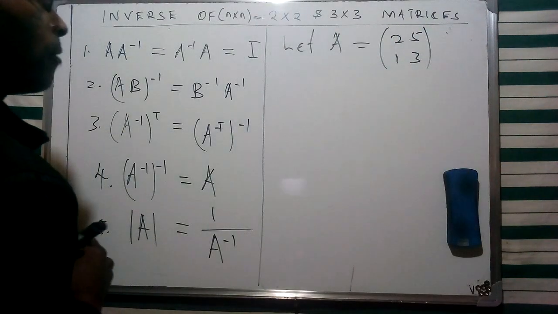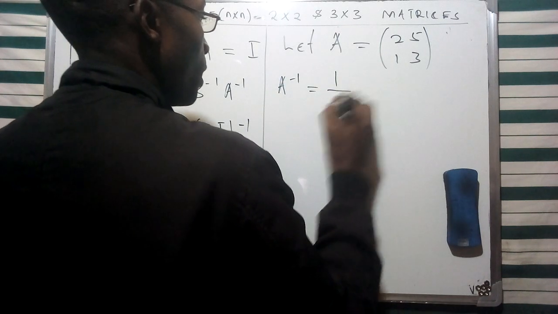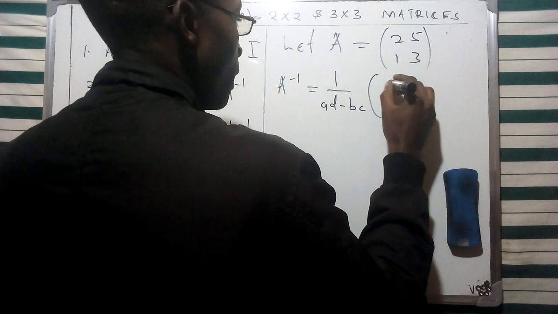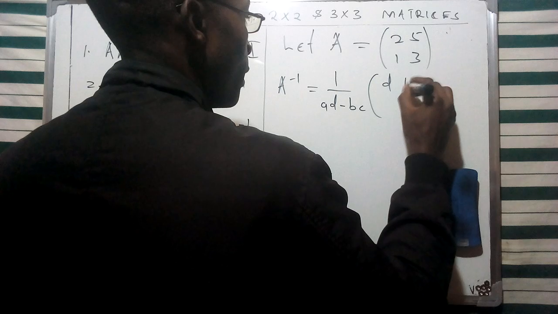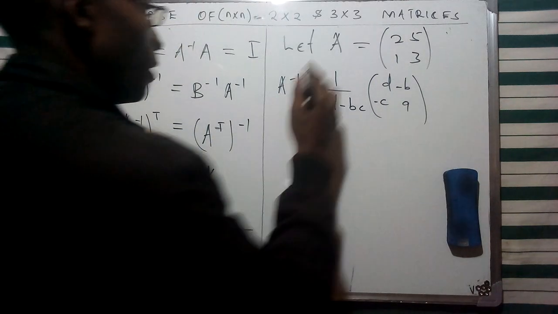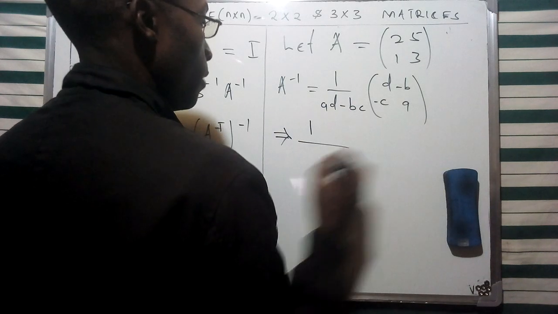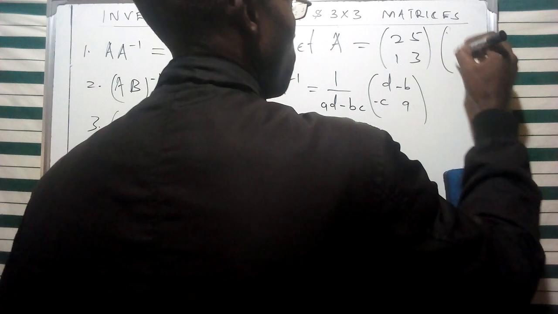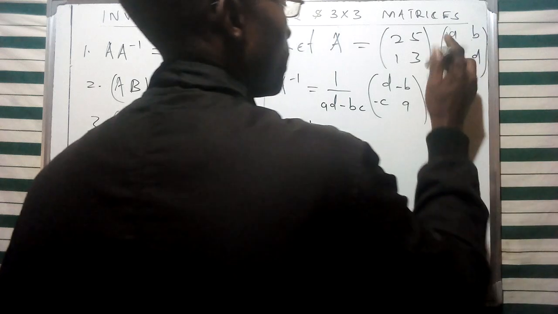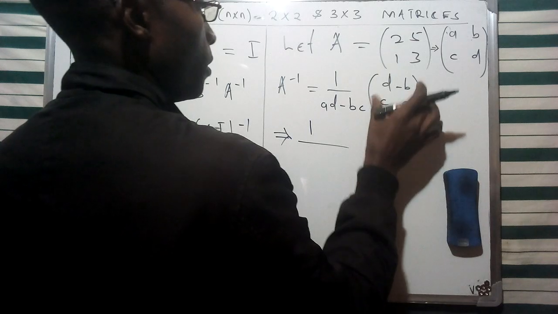So let's apply our formula, which is defined as the inverse of A is given as 1 over AD minus BC, multiplied by the matrix D, negative B, negative C, A. So we're going to have the inverse of A given in terms of 1 over, and if our matrix is A, B, C, D, this is a general representation that I'm going to use so that we can use the properties of this formula.